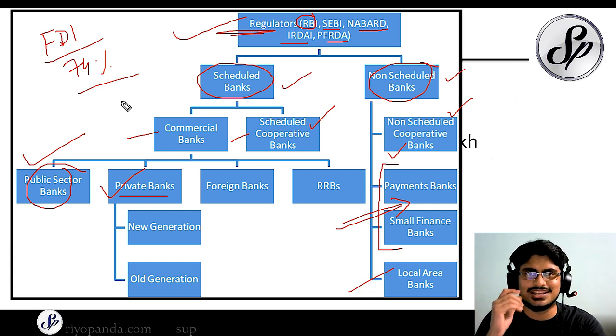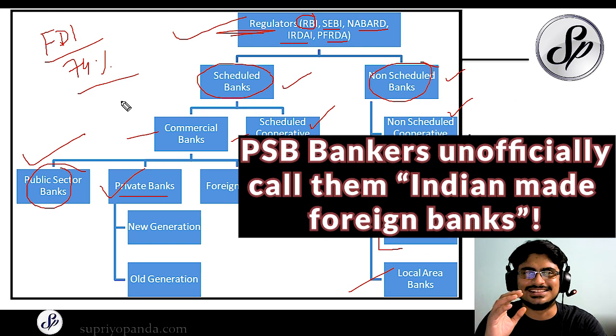And this is quite interesting to note. I don't know if you know this, but all these big banks that we see, the HDFC Bank, the Axis Bank, etc., we can actually say that they are foreign banks because the holding structure is such that a lot of foreign investors have poured their money into it, and the majority of those private sector banks are actually owned by foreign entities.